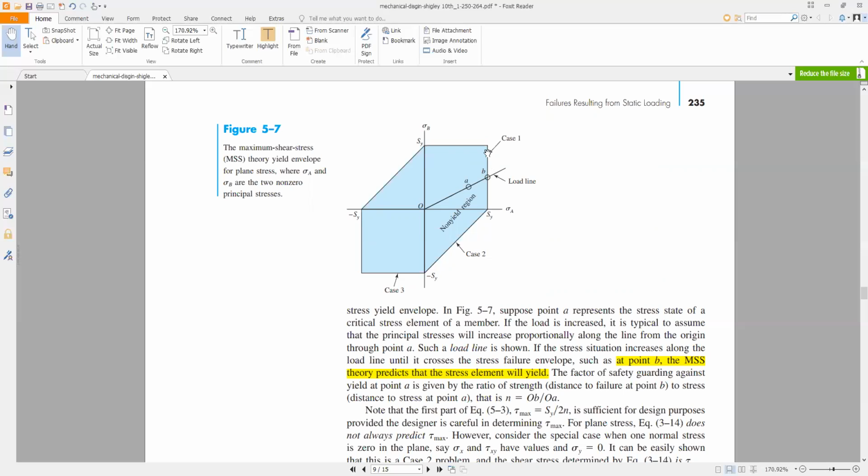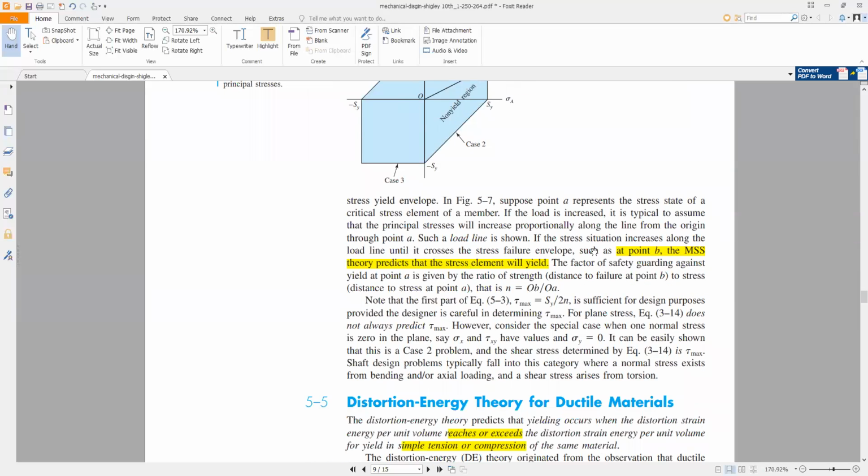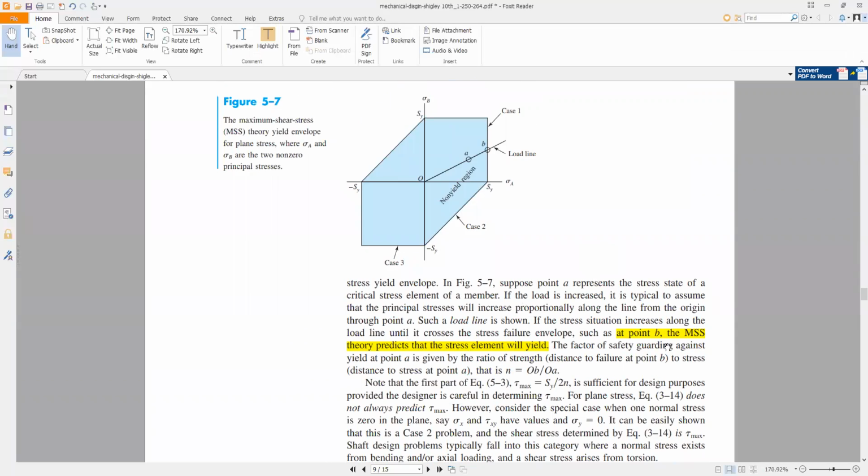This shape is the protection: within all these values you are safe. More than that, you go into the fail region already. So this shape predicts when the stress element is going to yield. This is the borderline for all these three cases. Okay, so this is all for MSS.